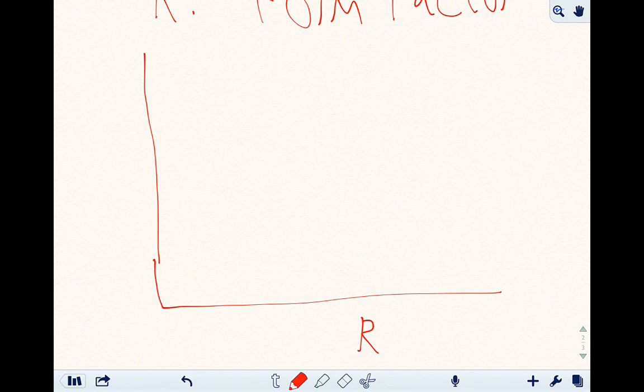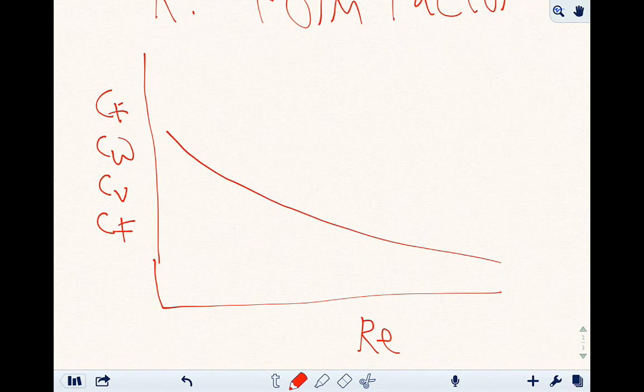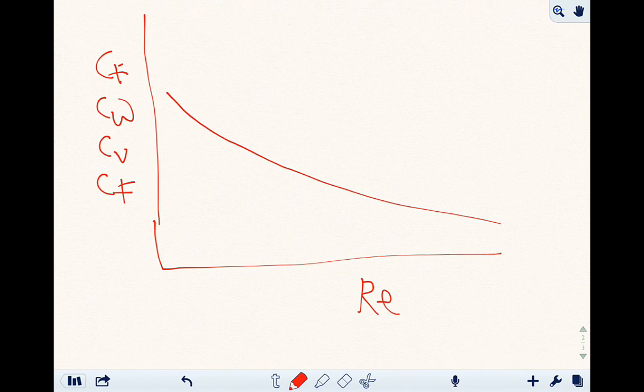So I have Reynolds here. I have my friction coefficients here, CF, CW, CV, CF. Now I have a traditional frictional drag law that we've been working with, like your 1/5 power law, and later we'll look at the ITTC 1957 law. I have a traditional drag law, CF.